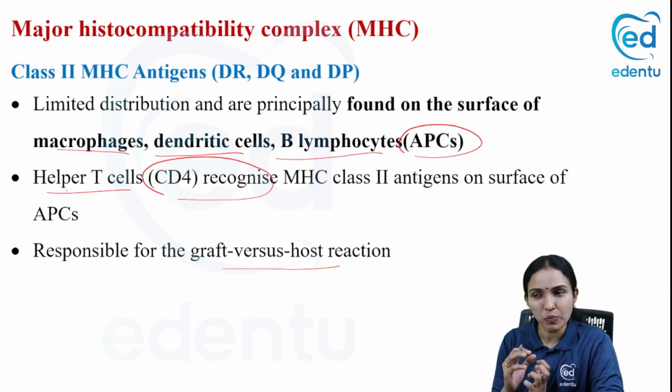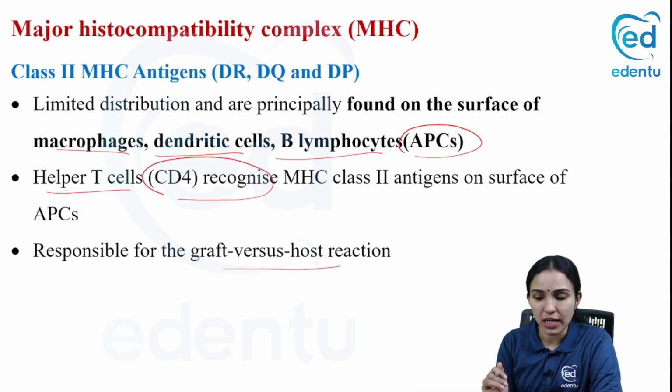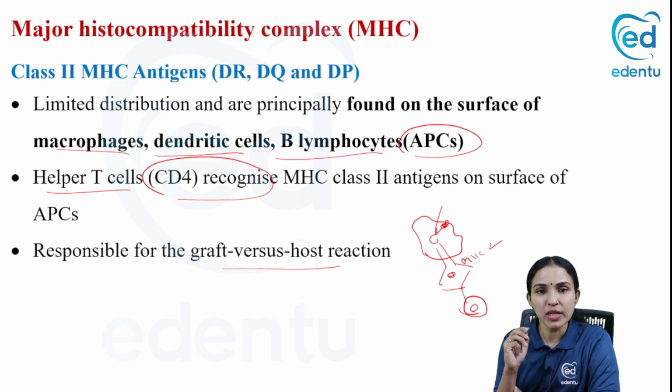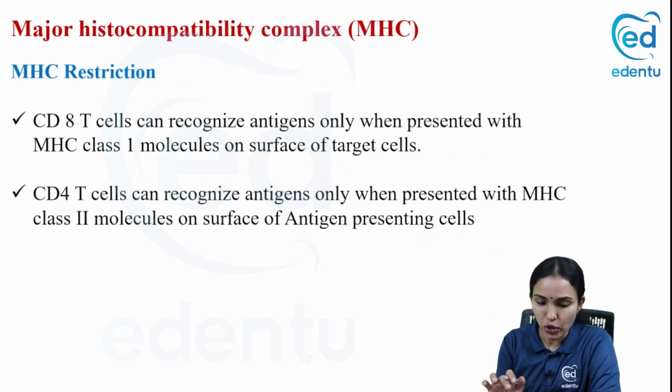An antigen presenting cell processes the antigen and shows the antigen to the helper T cell along with the MHC class 2 molecule. So if you have a macrophage which has engulfed an antigen, this antigen will be processed by the macrophage and expressed on the surface of this macrophage along with MHC class 2 molecule. So this is recognized by the T helper cell. So that is the importance of class 2 MHC molecules.